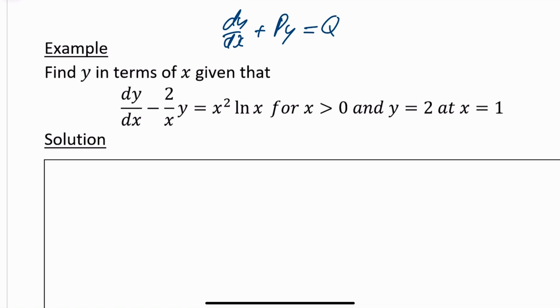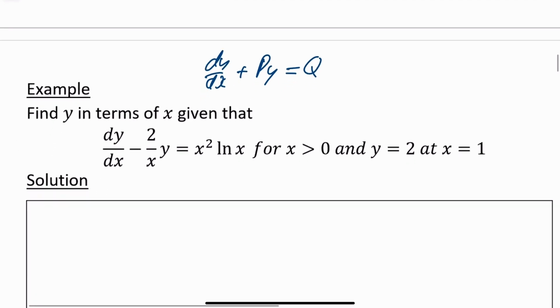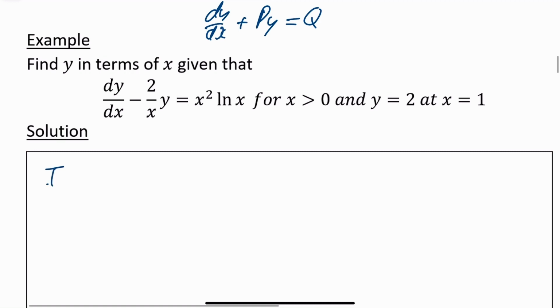So we then can say that our integrating factor is equal to e to the integral of minus 2 over x dx.